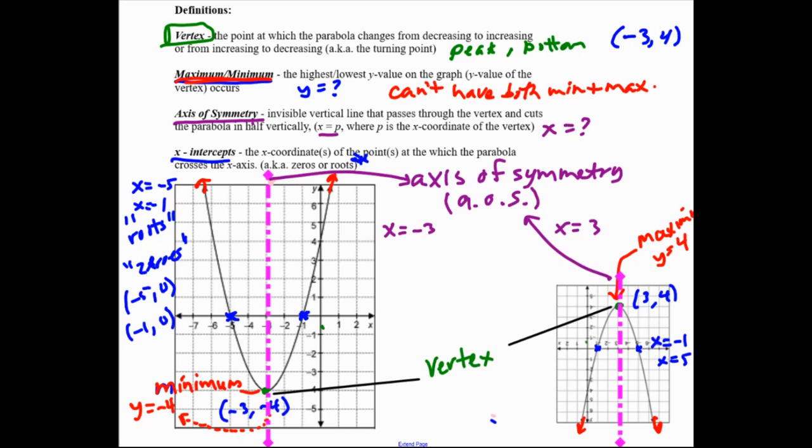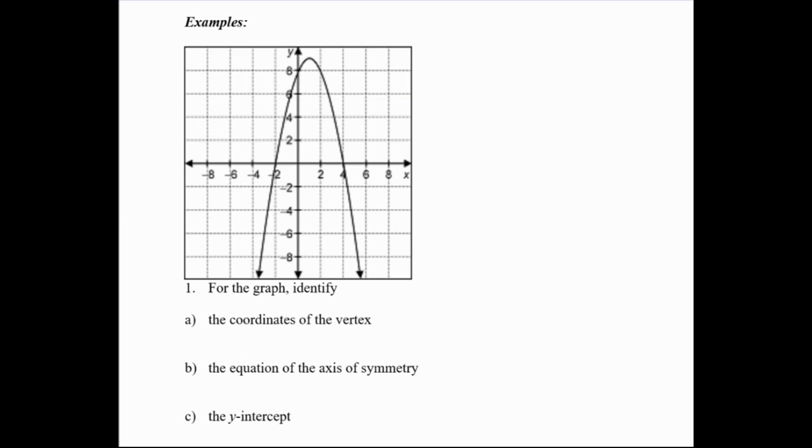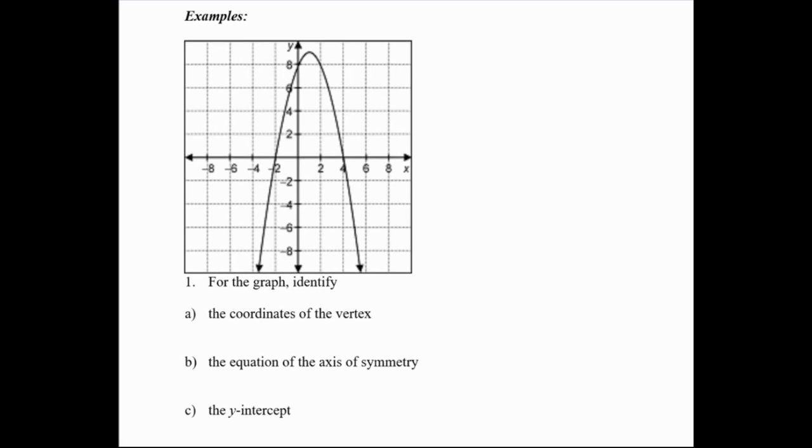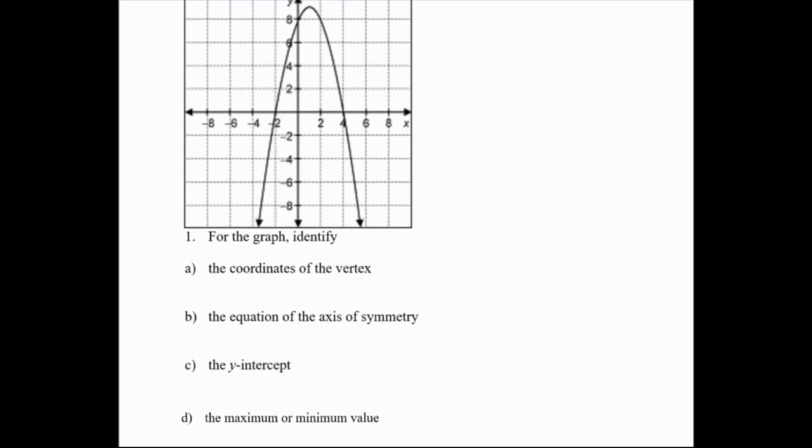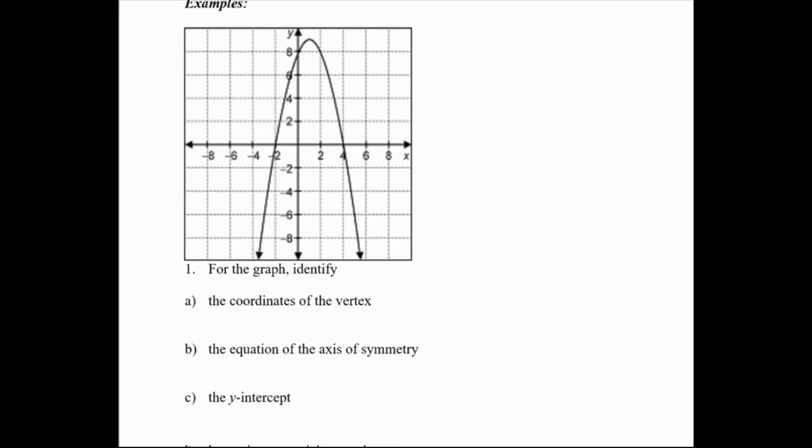Those are 4 key things we need to keep in mind when we're dealing with parabolas. So let's put this into practice in another question. I want you to get really good at this. Here's an example. For each graph, identify the following. A, the coordinates of the vertex. The vertex is way up here.